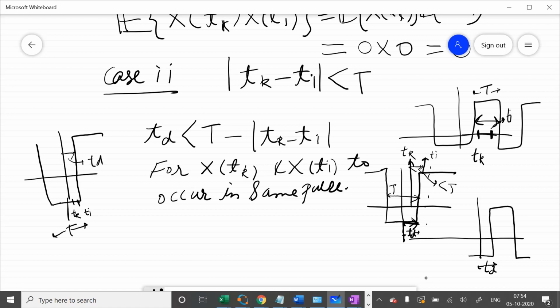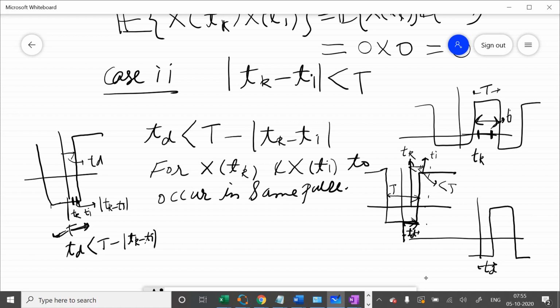So in this case you clearly see that this is the capital T, and this is TK minus TI, and this TD is clearly less than T minus TK minus TI. In any other case you will see that this condition will not be satisfied.